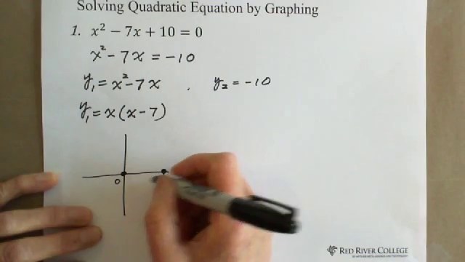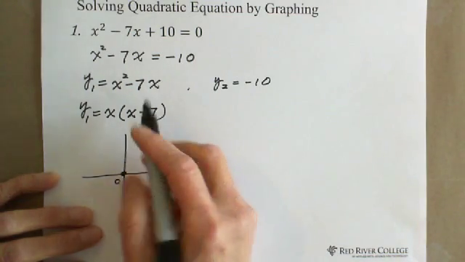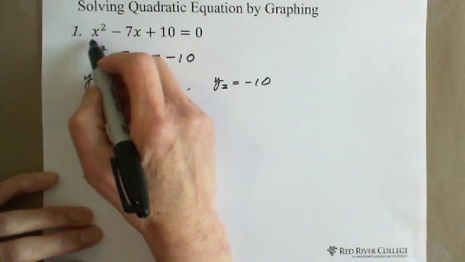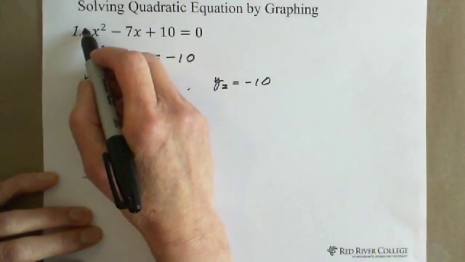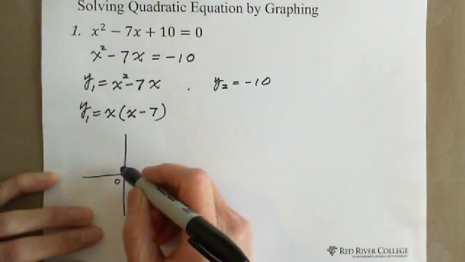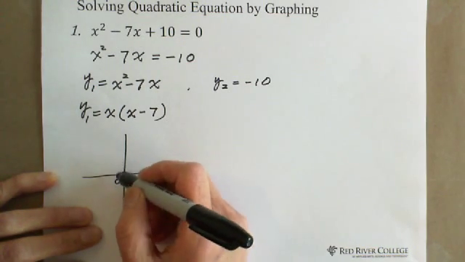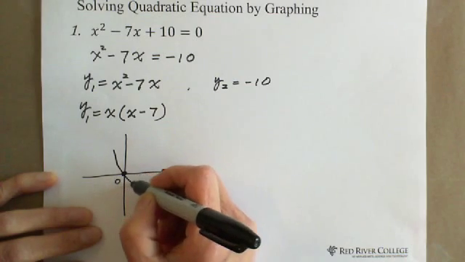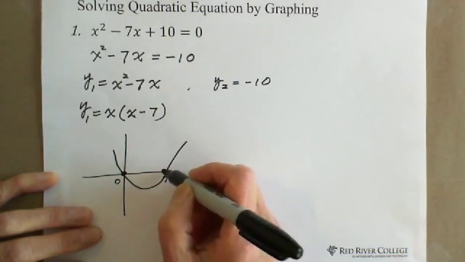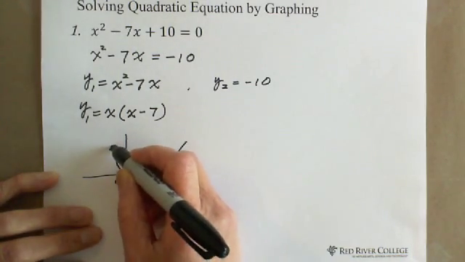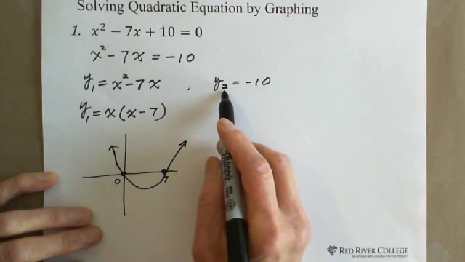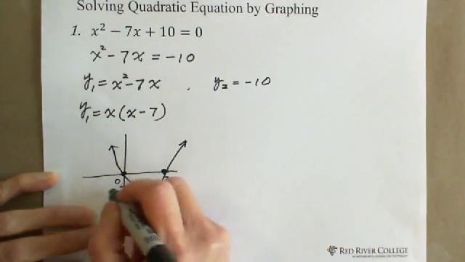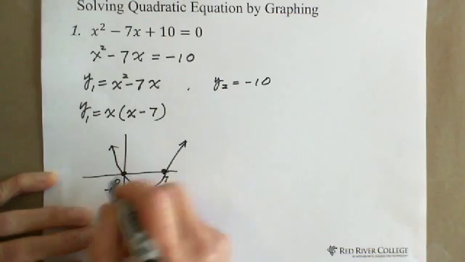Then we can graph it because this parabola is upward, since the coefficient of x squared is positive. That means the parabola opens upward. For example, we did this one here, and this is y2 equals negative 10. For example, here is negative 10. Then we graph it.